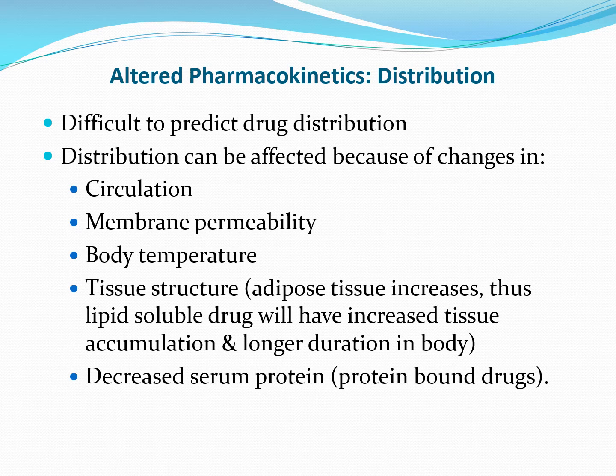In terms of distribution, it's very, very difficult to predict the drug distribution in an older adult. That's why we have to be very cautious and careful.